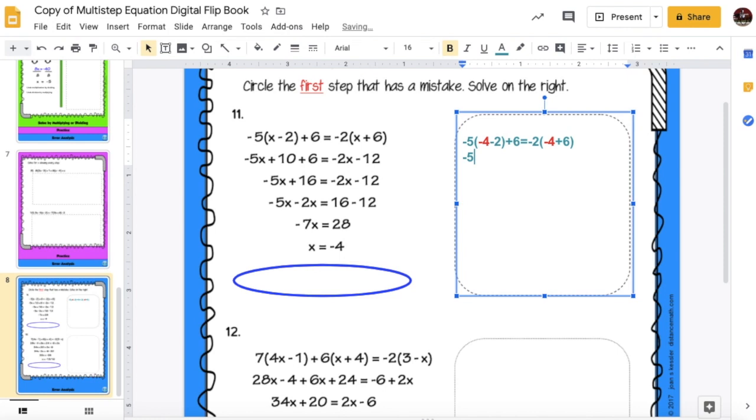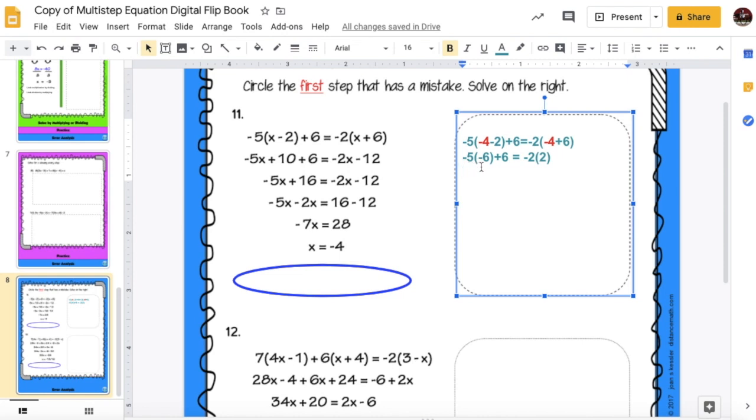Okay. So simplifying. Negative 4 minus 2 would be negative 6. Negative 6 would equal negative 2, doing what's in the parentheses first by the order of operations. Negative 4 plus 6 is 2. Now by the order of operations I need to multiply.